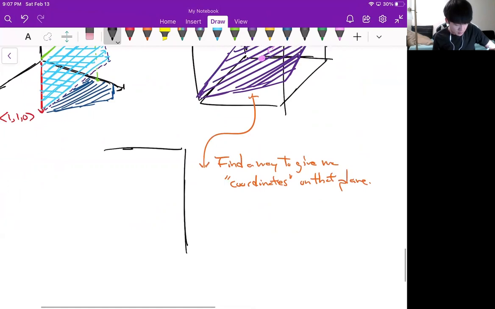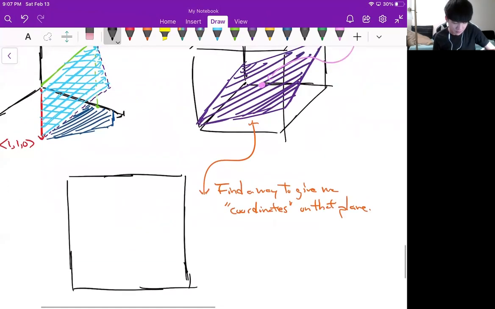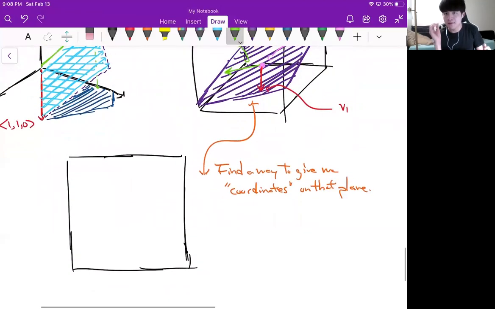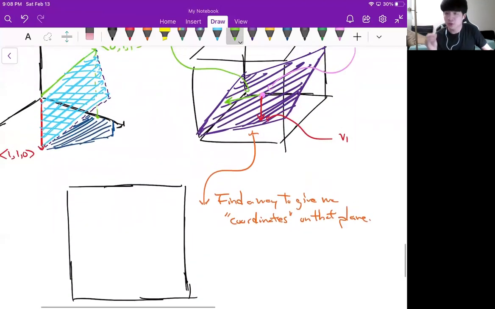For example, if that's 0, 0, and I found you 2 vectors like V1 and V2, in a really contrived example, then those 2 vectors span the whole plane.